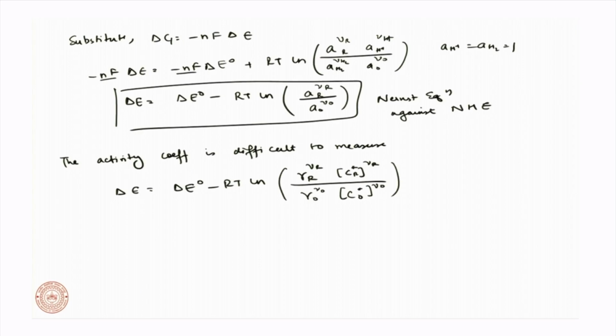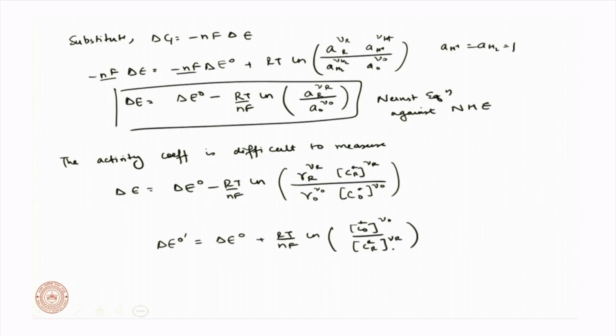What we find is that we can measure everything with respect to concentration, and delta E naught prime is equal to delta E naught plus RT over nF. I am forgetting this nF throughout, you have to divide by nF. So, RT over nF, we can put minus, but if you flip the signs, it will be plus natural log of your concentration for the O to the power of nu_O over concentration of R, normalized, to the power of nu_R.